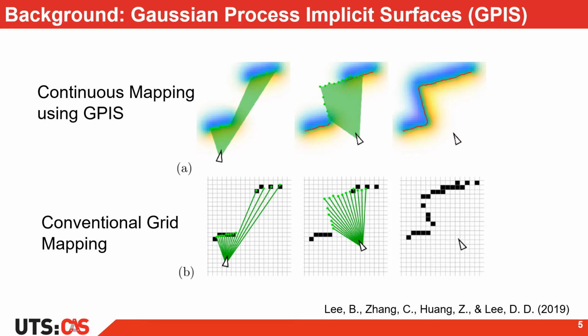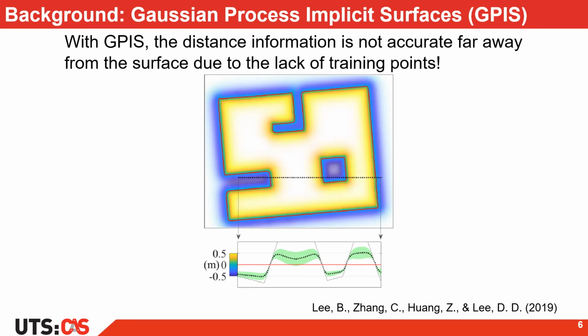Figure B shows that with the same data, the conventional grid mapping approach often suffers from discretization errors and disconnected cells when reconstructing the surface. However, as we can see from this figure, GPIS produces a continuous surface and a good Euclidean distance field near the surface.